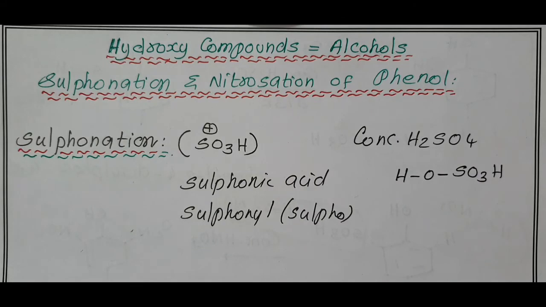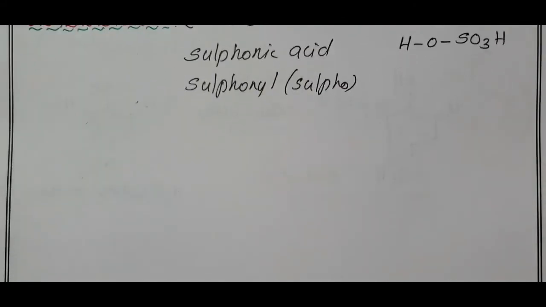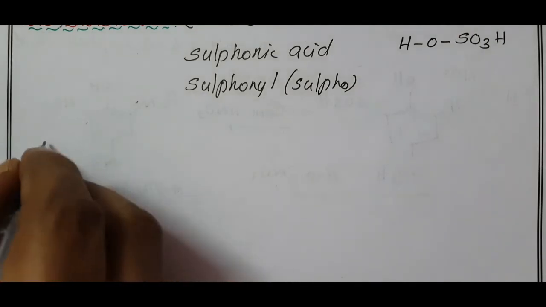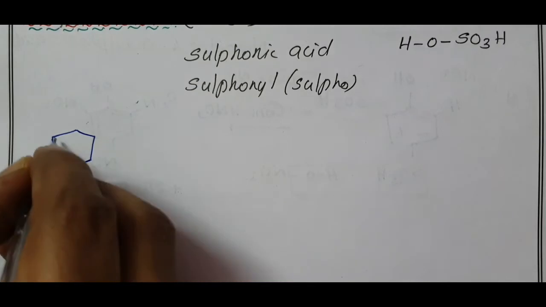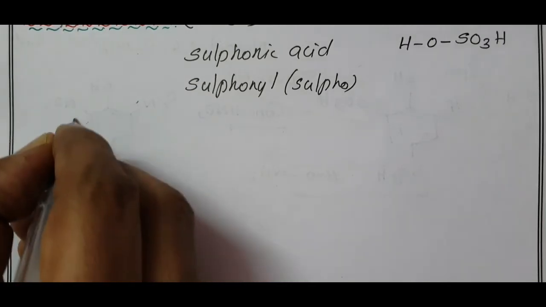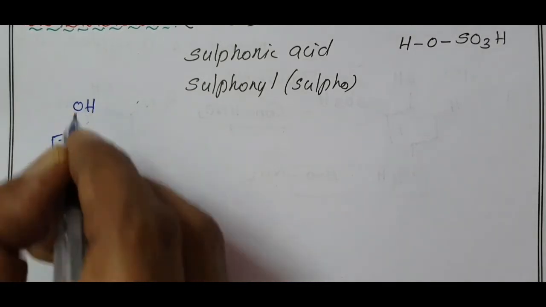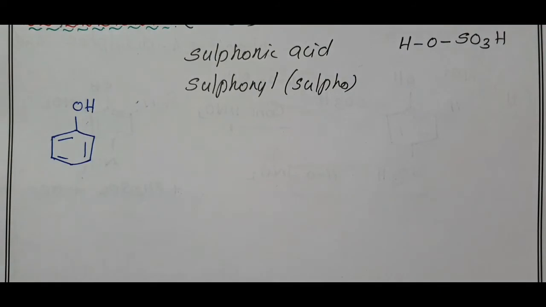Phenol undergoes sulfonation with concentrated sulfuric acid. C6H5OH. We know the OH group in phenol is an ortho and para directing group.